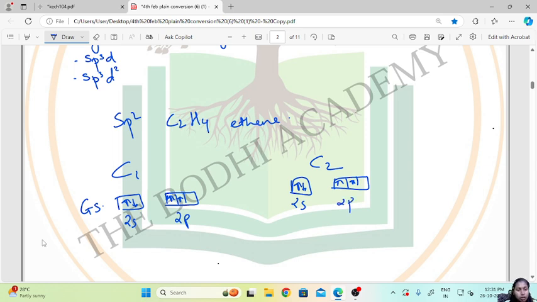Okay. One of the electrons is shifted to the p orbitals in the excited state.